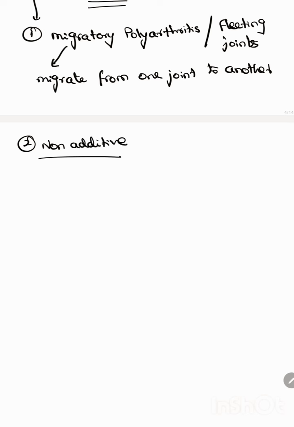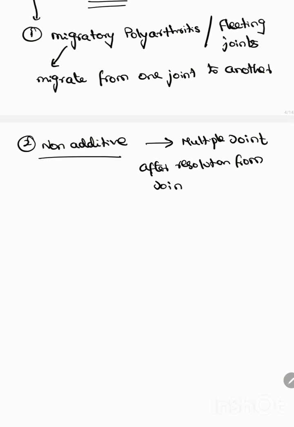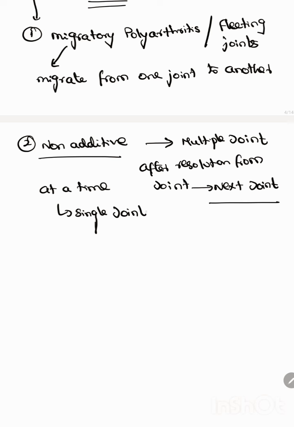For example, it will involve multiple joints, but after resolution from one joint, it migrates to the next joint. Which means at a time, you will be seeing a single joint involvement with previous history of other joint involvement.